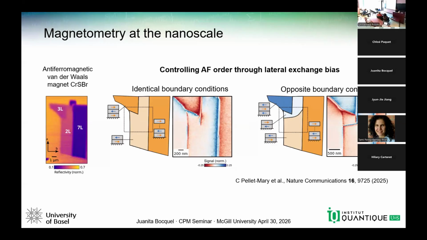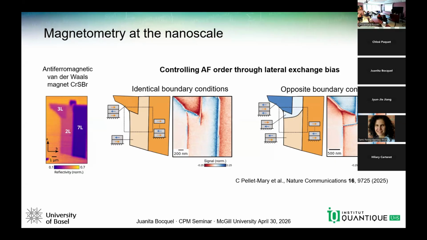They have prepared a sample with different layer thicknesses: bilayer, trilayer, seven layer. The first image is the initial magnetic image of the system. You can see different magnetization depending on which layer you are, and they correspond to different magnetic orders.